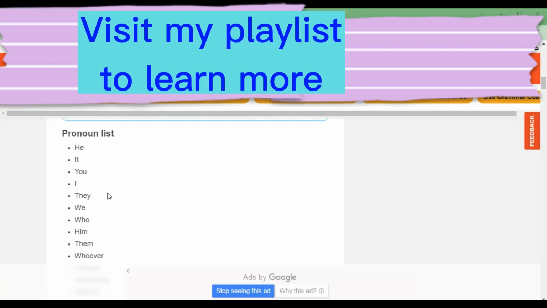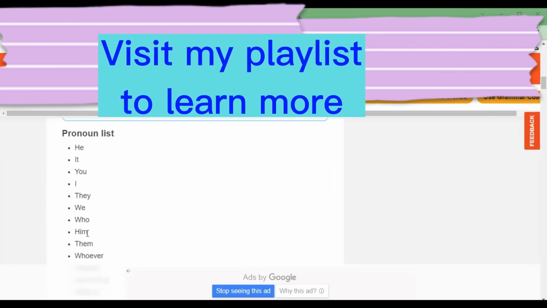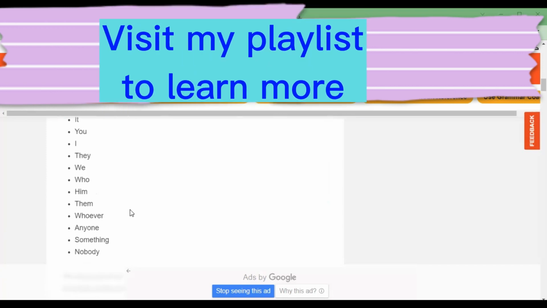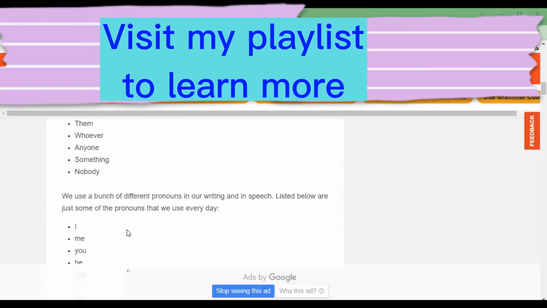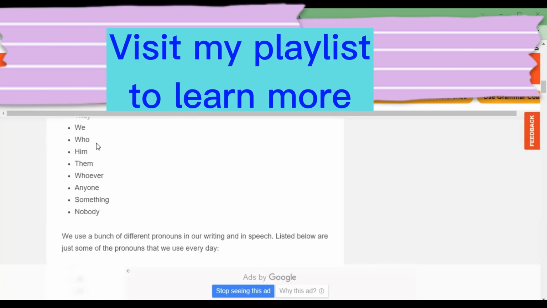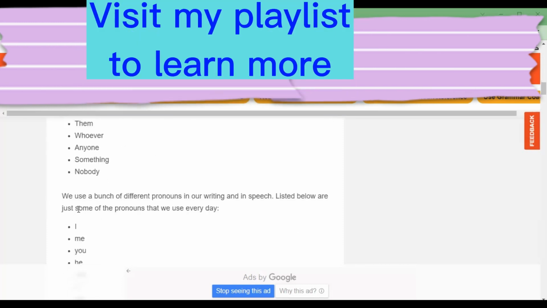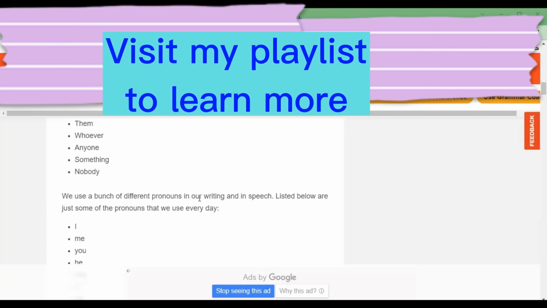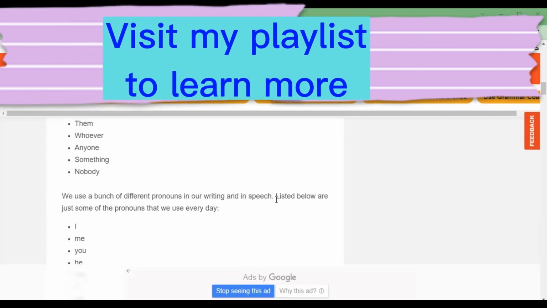Here is the pronoun list: he, it, you, I, they, we, who, him, them, whoever, anyone, something, nobody. Take note of the pronoun lists. We use a bunch of different pronouns in our writing and in speech.